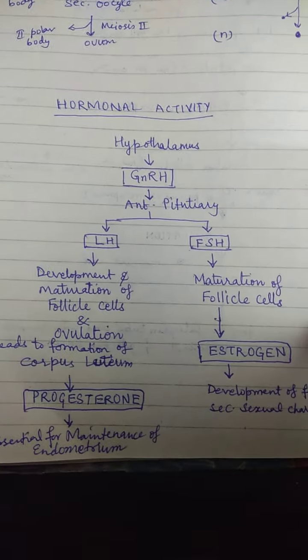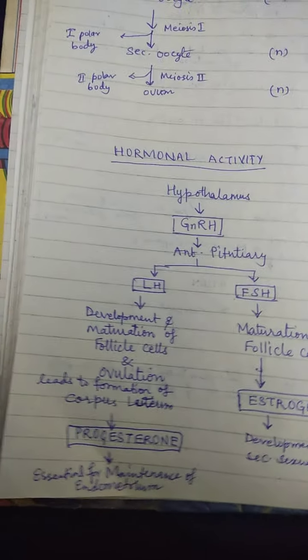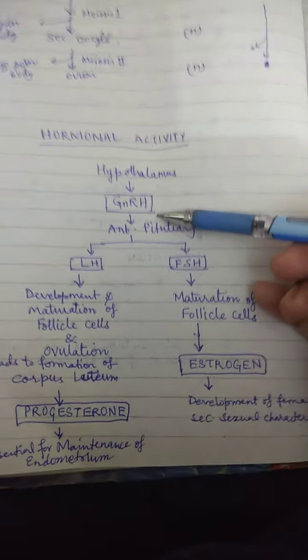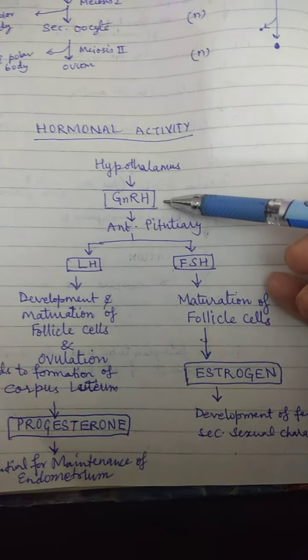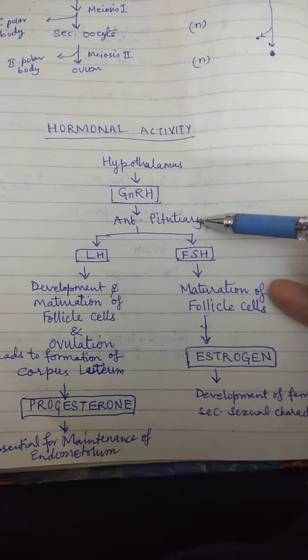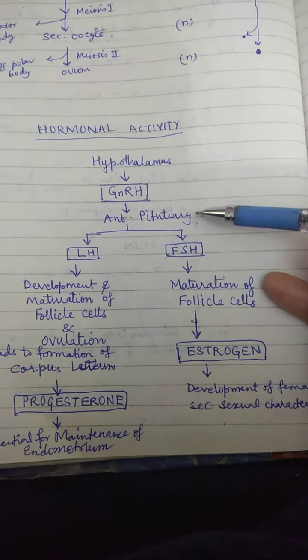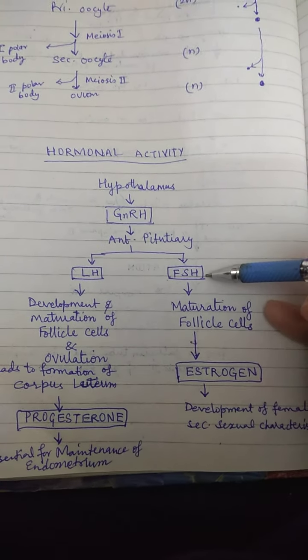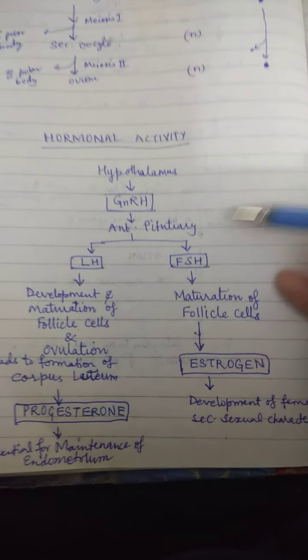Hormonal activities are important for this process. At the puberty, what happens? Hypothalamus starts releasing gonadotropin releasing hormone. Gonadotropin releasing hormone acts on pituitary gland, anterior pituitary, to release luteinizing hormone and follicle stimulating hormone.